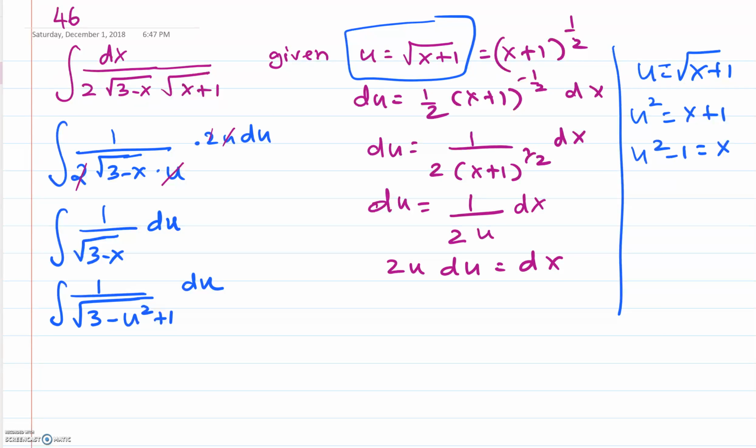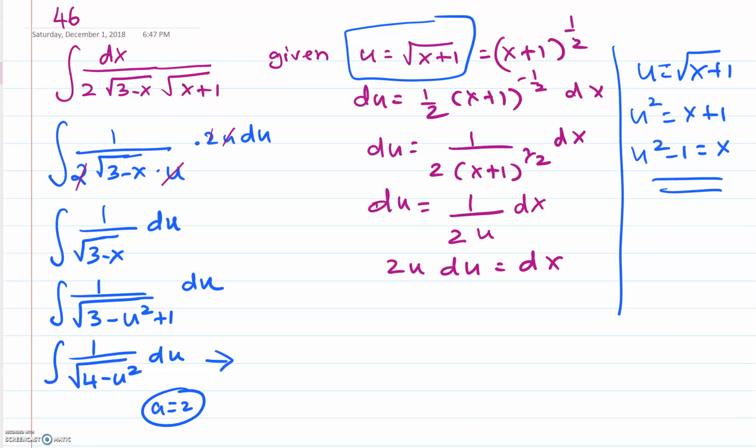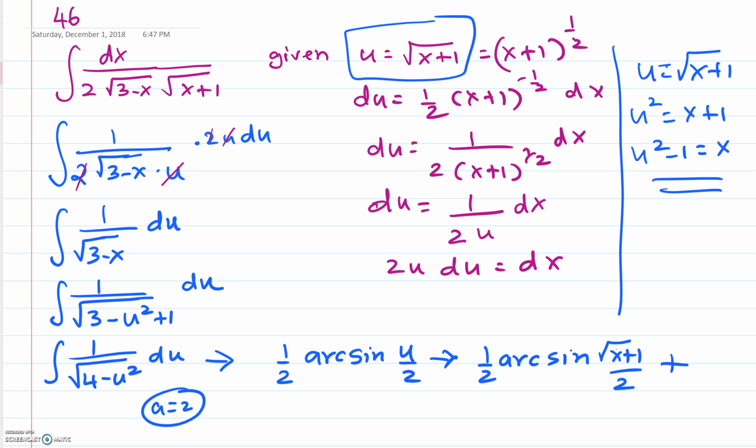Okay, so substituting this x here, this will become the integral of 1 over square root of 4 minus u squared du. Now the integral is transformed entirely in u. This is ready for the arc sine formula, where a equal to 2. So we have 1 by a arc sine u by a, going back to x, 1 by 2 arc sine square root of x plus 1 over 2 plus c.